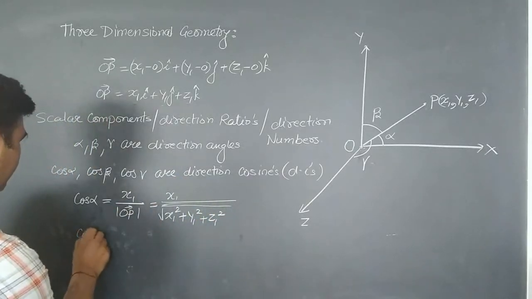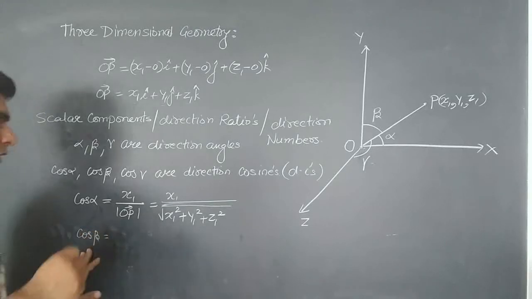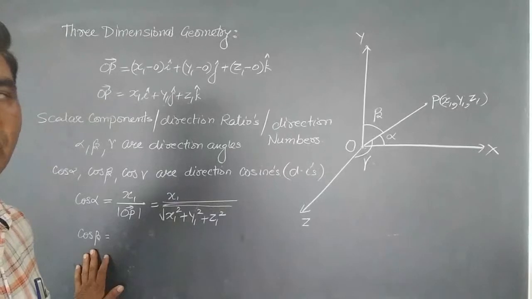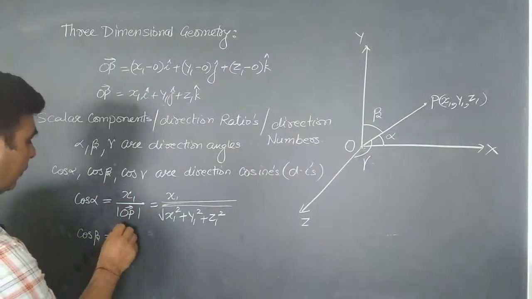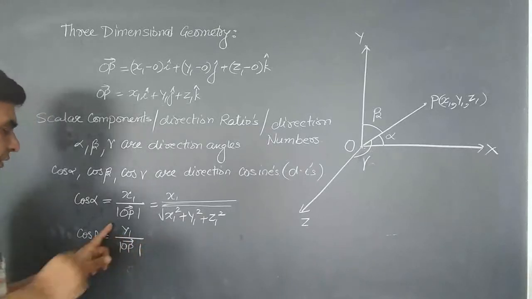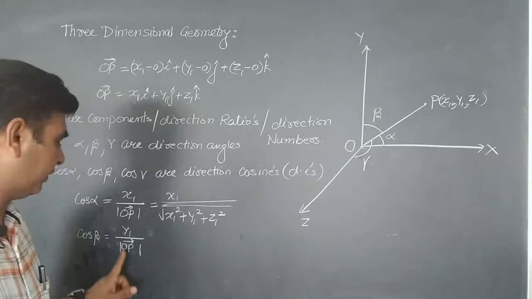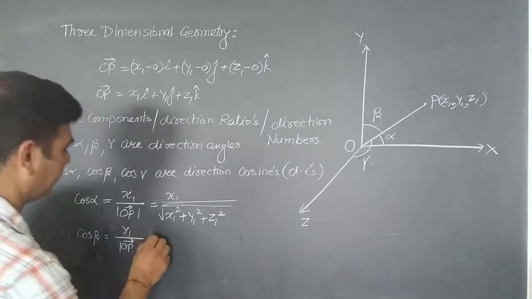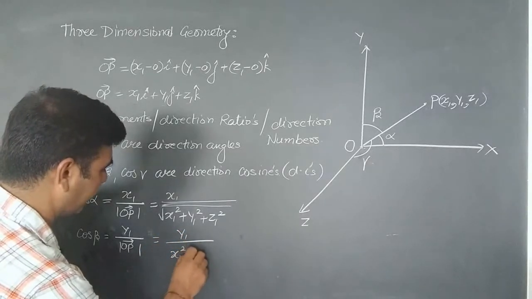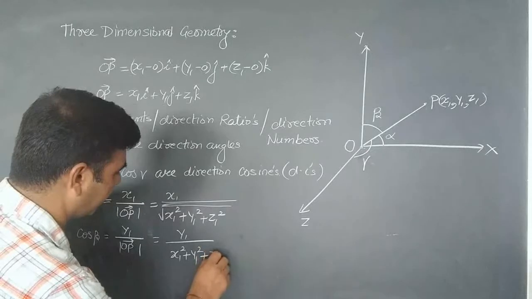Same as cos beta, this is the direction cosine along the y-axis, and it can be obtained by y1 over the magnitude of OP, which is the direction ratio along the y-axis divided by the magnitude, and this can be written as y1 over the square root of x1 square plus y1 square plus z1 square.